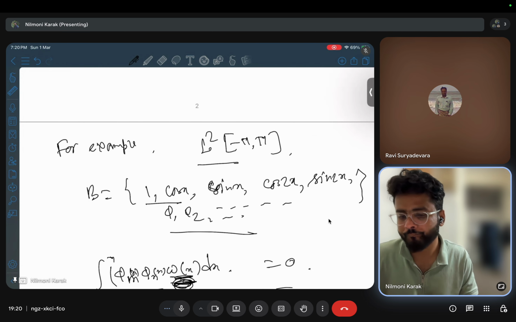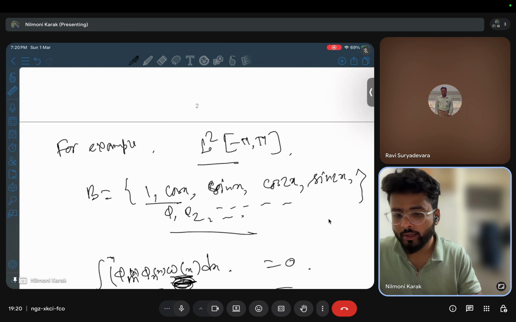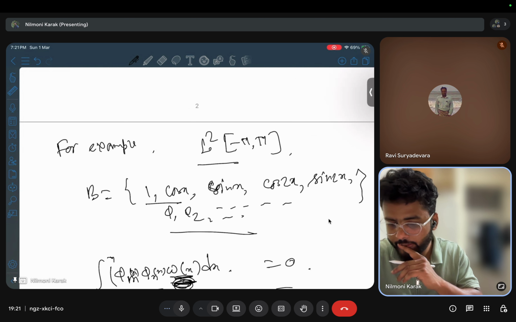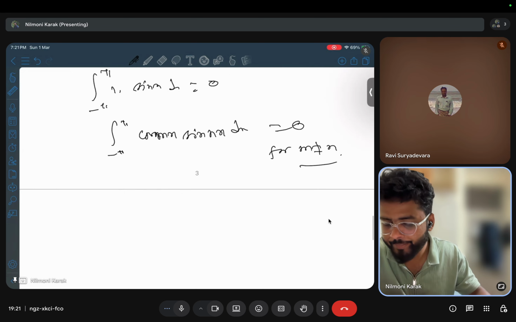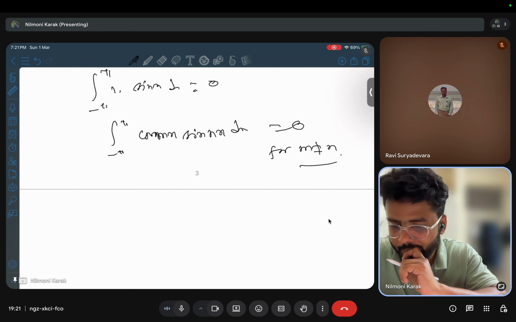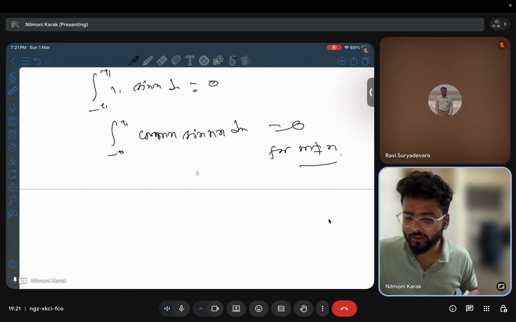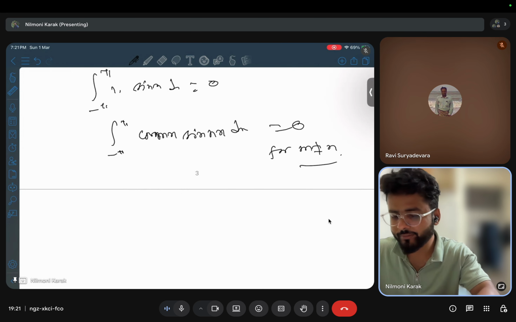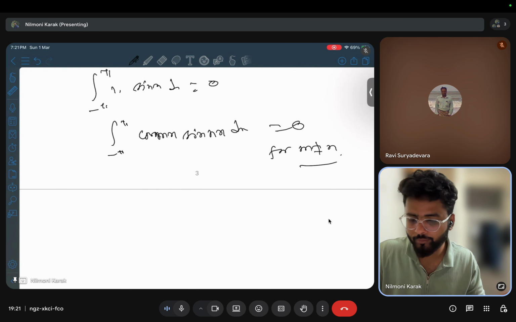Now got it, right? Now some theories. I think you know about Bessel function, Legendre polynomial. Did you hear of this kind of function, Bessel function?